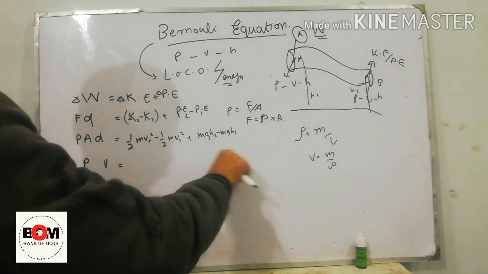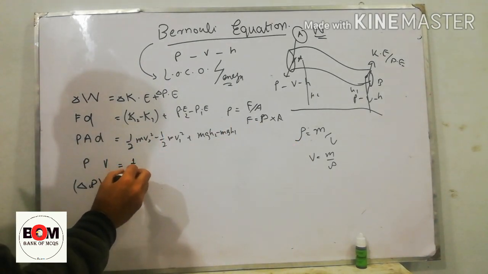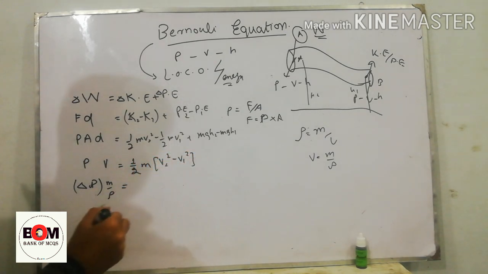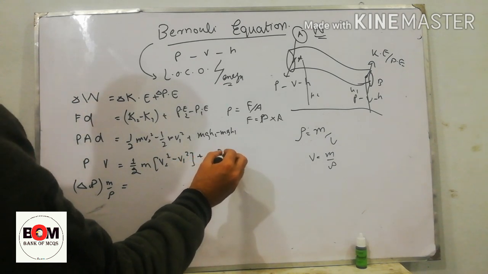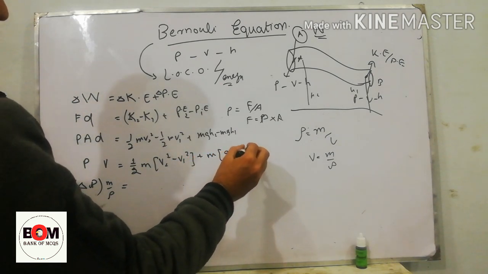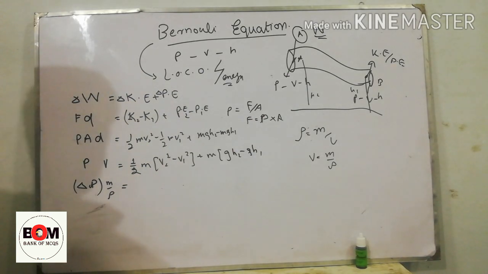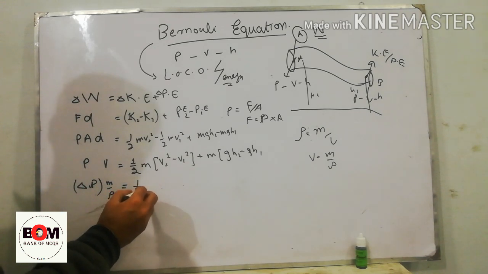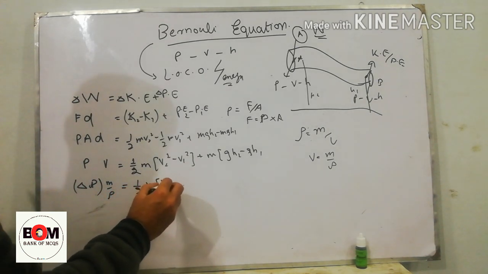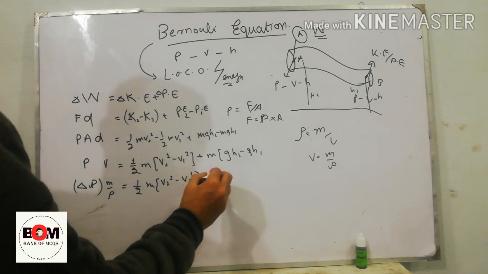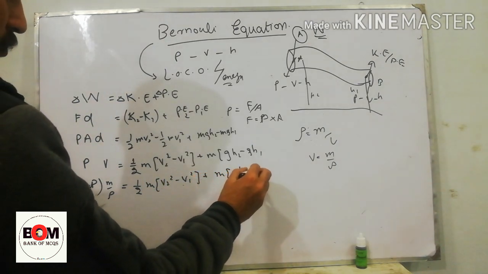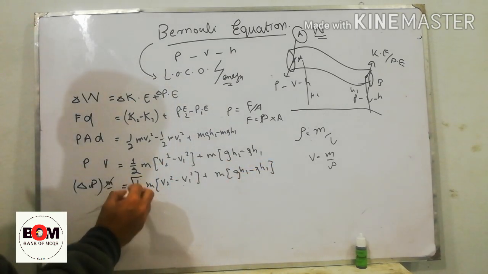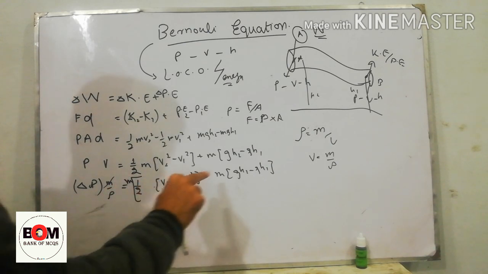Now further we can write, taking half m constant, v2 square minus v1 square, plus taking m constant, g h2 minus g h1. So we can also write half m times (v2 square minus v1 square) plus m times (g h2 minus g h1). Taking m common from both, we can write that.